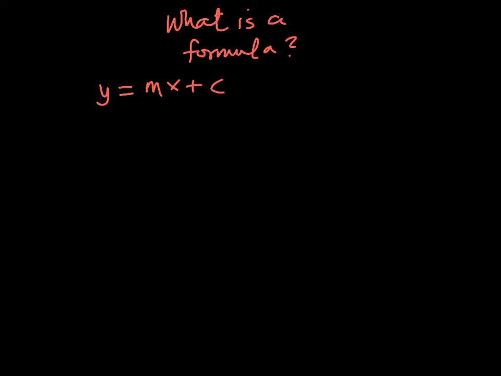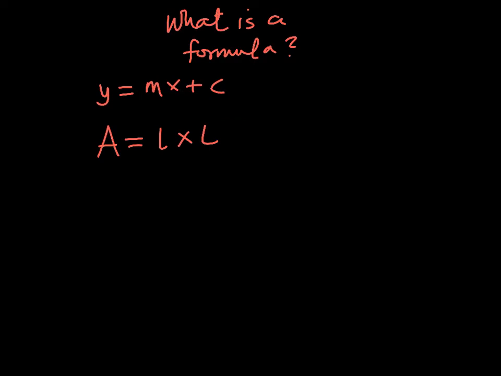So for example, the area of a square. We know a square is a quadrilateral that has all its four sides of the same length. So the area of a square can be determined by a formula. For example, we can write the area of a square as A is equal to L times L, because we know that the length of each of its sides is the same, and we can represent the length of one side by L. So the area will be the product of two of the sides.